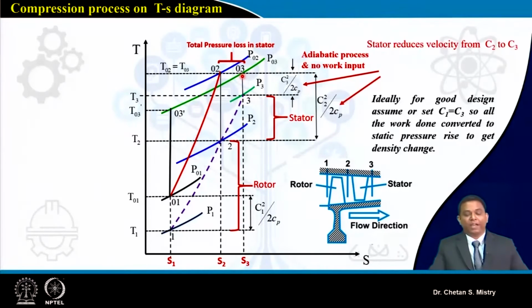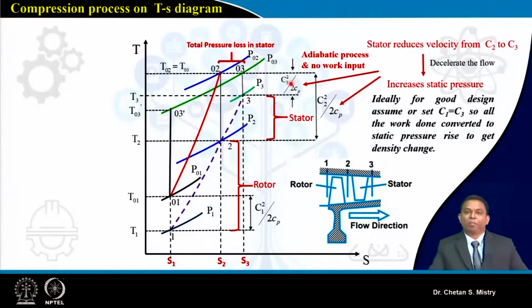If you look carefully at this absolute velocity component C3 square by 2Cp, or you can say C3 and C2, and compare what is happening when it flows through my stator, this absolute velocity is going to be reduced. And that's what is representing the rise of my pressure. Now, in many designs, people prefer this inlet absolute velocity and exit absolute velocity to be same.